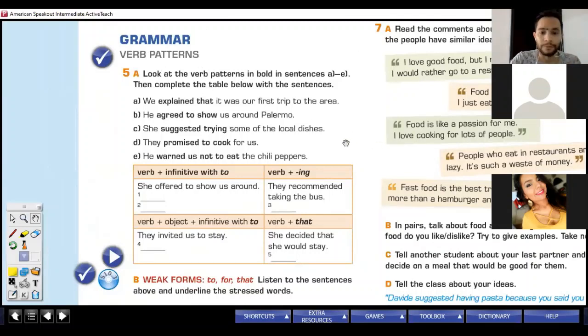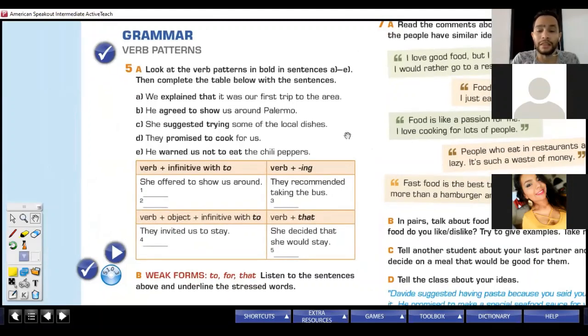In English, guys, normally, we have like 5 or 6 different patterns that we normally use in sentences, right? This is the way we speak or the way we use the verbs. So as you can see right here, we have 5 different examples.